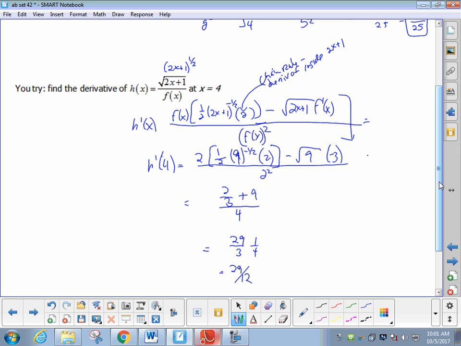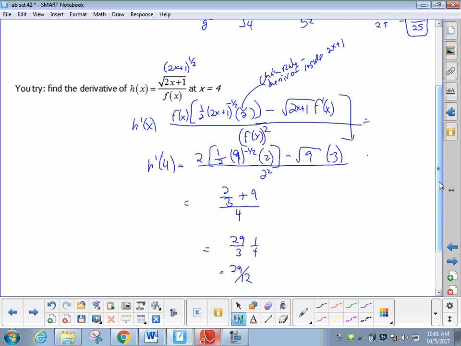I'm not sure. Do you agree with f of x and the derivative of the top is this big crazy 1/2, 2x plus 1 to the negative 1/2, but then times the derivative of the inside 2x plus 1 gives you a 2 there, yeah? Minus high is the root, below is f prime over f squared.